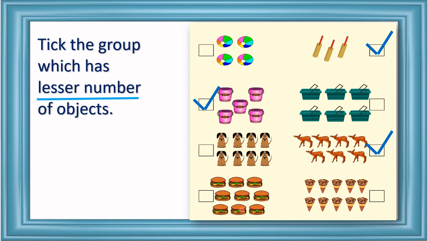Now here we can see 9 burgers and 10 ice cream cones. Very nice. Let us tick burgers because they are 9 and ice cream cones are 10, and we know that 9 is less than 10. Correct? Here we have done the comparison. Which is more, which is less. Right?